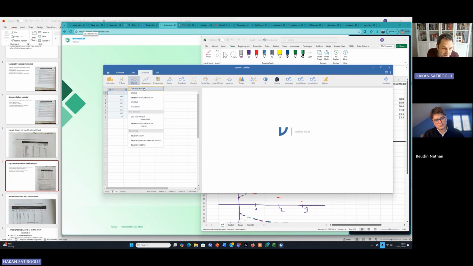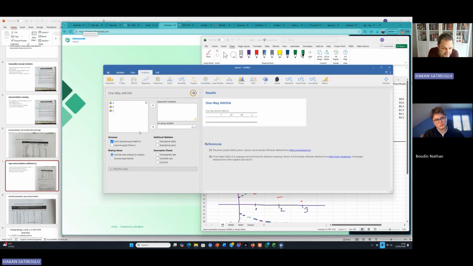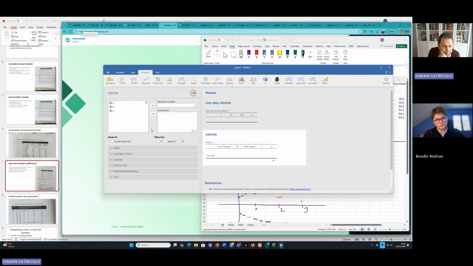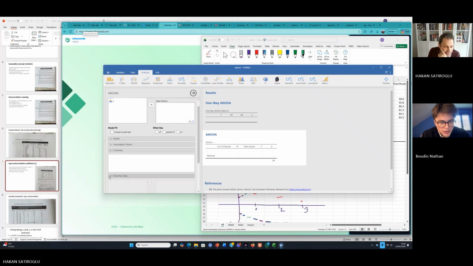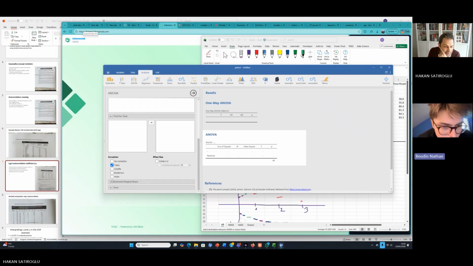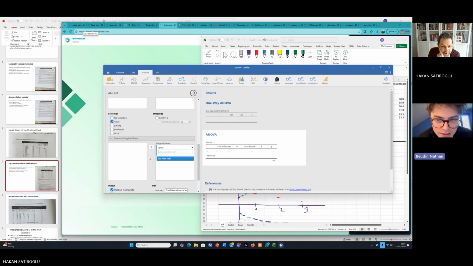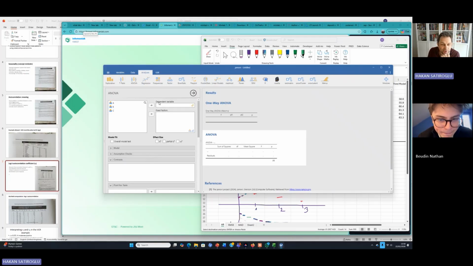I think ANOVA has got these correlation things. Description, homogeneity, maybe t-test, not t-test, ANOVA, maybe this one. If you see the correlation here somewhere, let me know. I kind of forgot how it works. Okay, there's no correlation here.